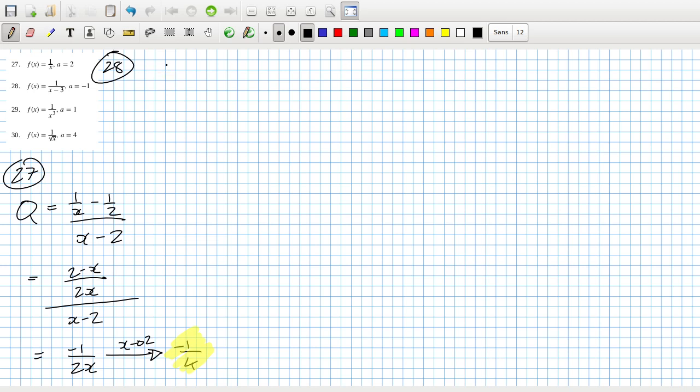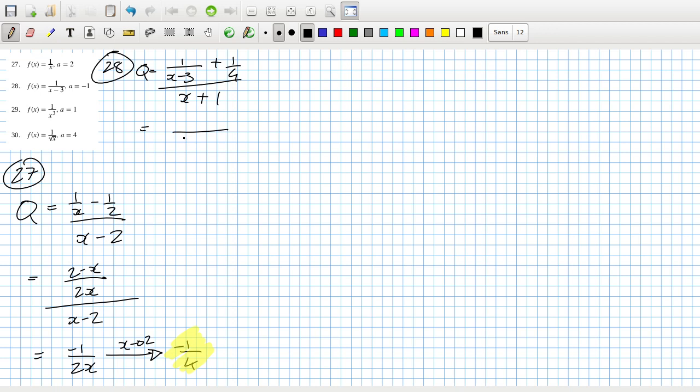28. 1 over x minus 3 minus 1 over minus 4. So that's a quarter over x plus 1.